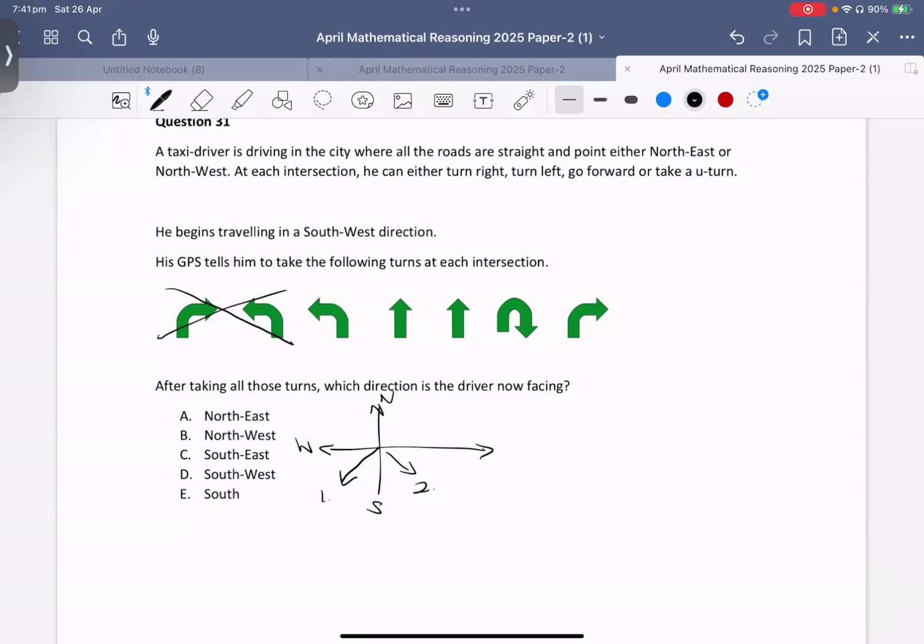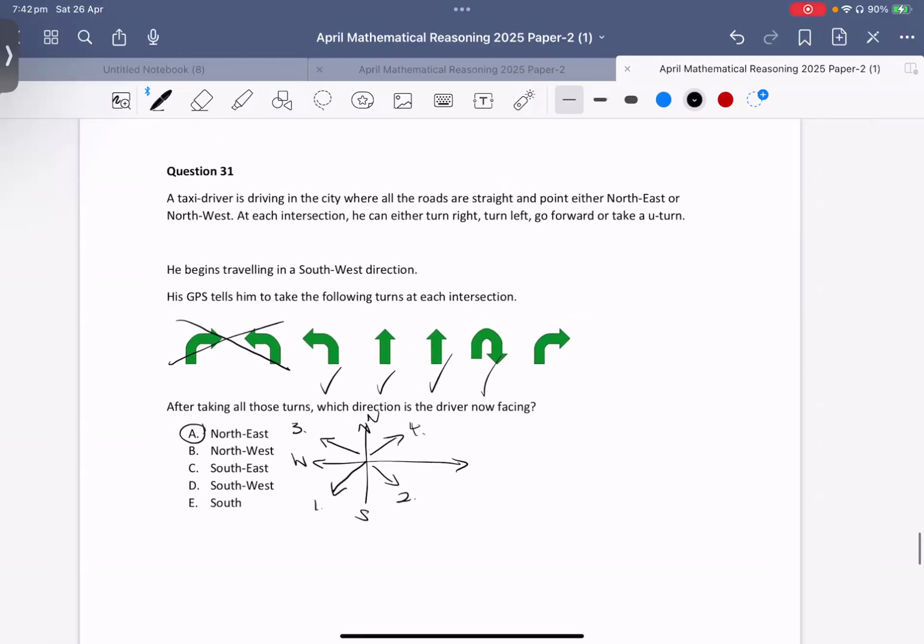Then he goes straight and straight. Then he does a U-turn. So a U-turn would mean that would send him to a northwest direction. And then he does a right turn, which would then send him to a northeast direction. So our final answer there is A for question 31.